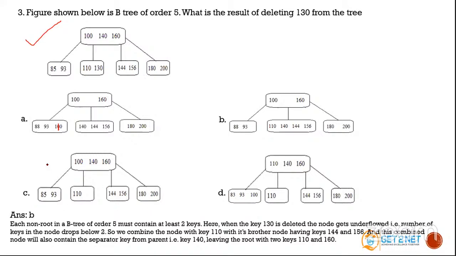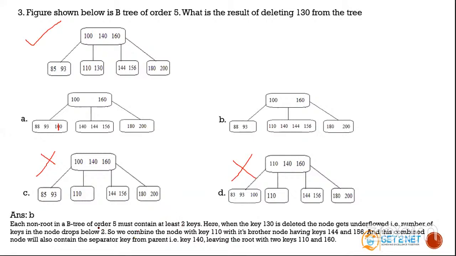Here we can't take C or D because we have order 5. One of the properties I have mentioned is that we must have a minimum of m minus 1 keys. Here the minimum should be at least 2 keys in one node.